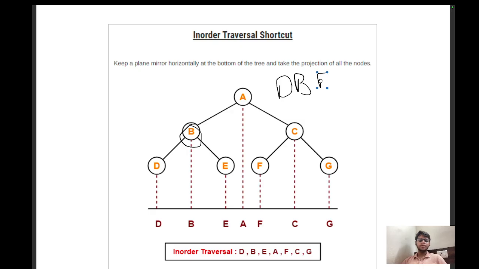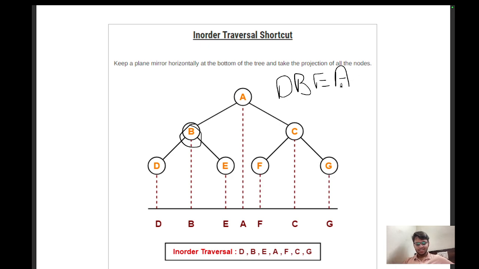So DBE is the sequence for the in-order, and A, as we can see, is the root node. Always remember that in case of in-order traversal, the root node always comes in between the two subtrees of the tree.